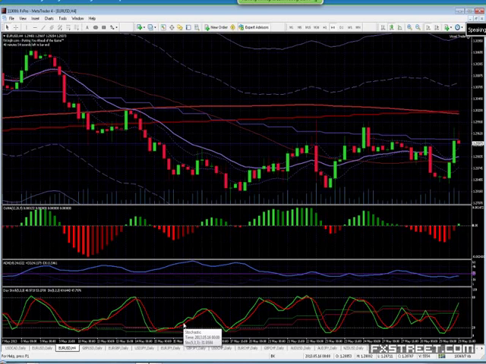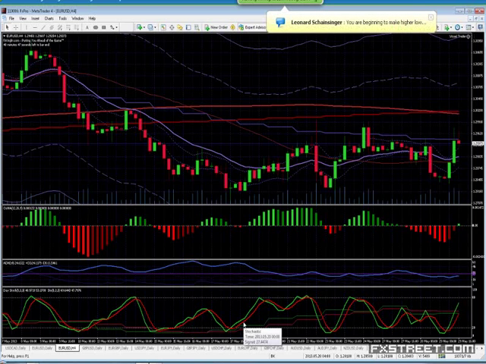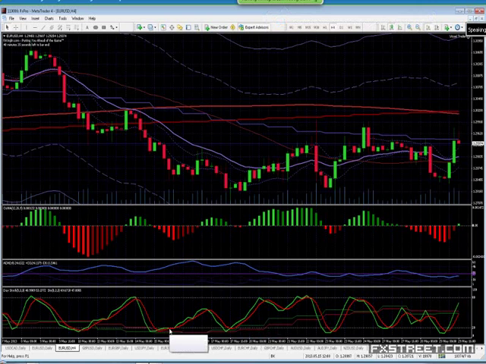Okay, stochastics turned bullish here, just like it did here. Okay, maybe here a little bit more convincingly. But you see that primarily in hindsight. This looked like it was starting to reverse as well.